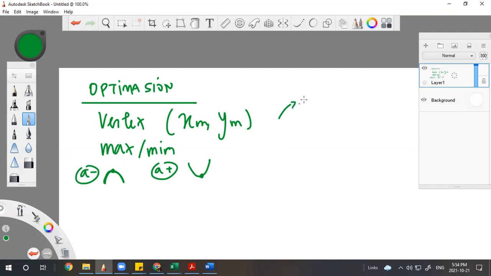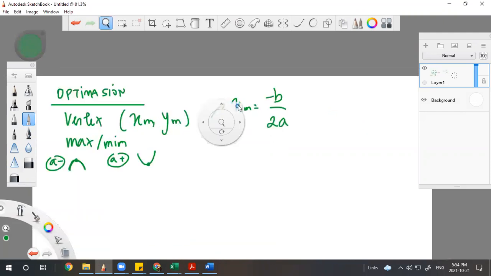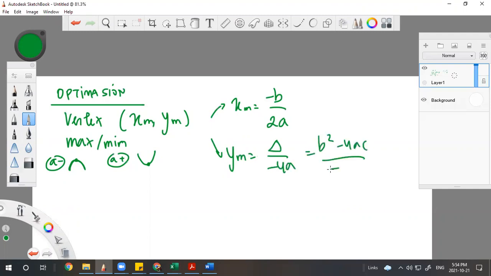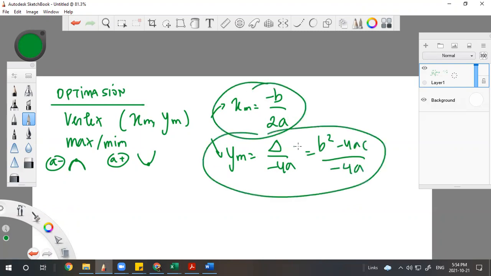So to find the xm, you need to use the formula negative b over 2a. Just memorize the formula. And the ym will be delta over negative 4a. What is delta, remember? b squared minus 4ac, over negative 4a. And this will be your optimization value.